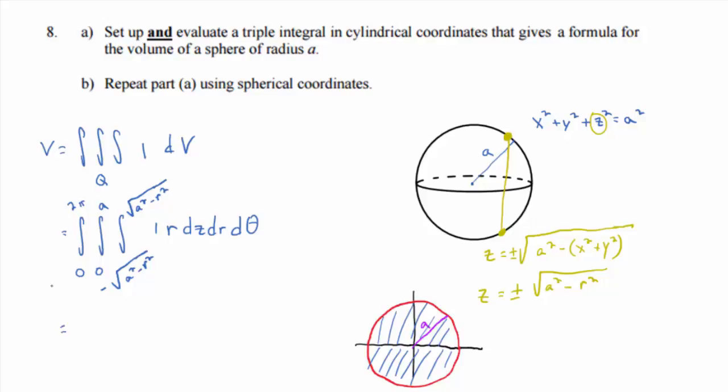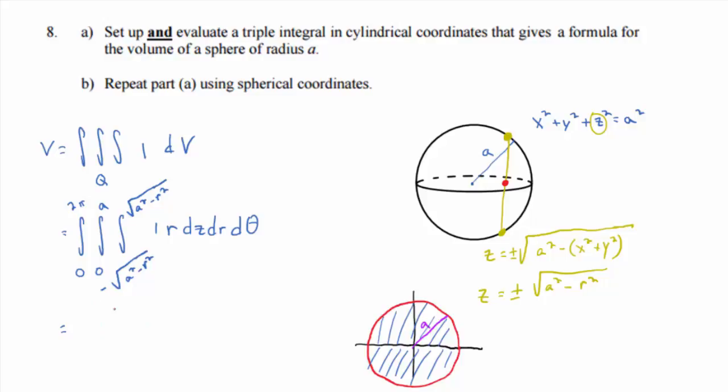Now, to make your life a little bit easier, what could you do to make this inner limit 0? In other words, make the floor some point in the xy plane inside that circle, right?